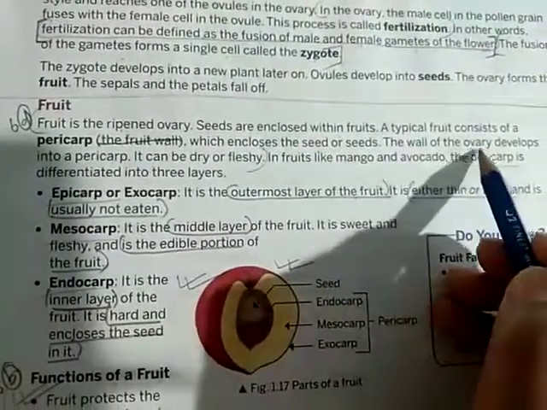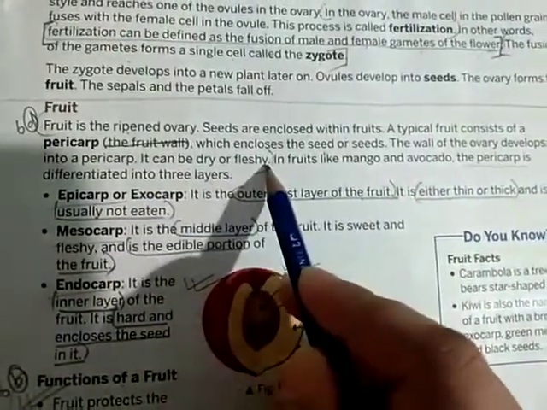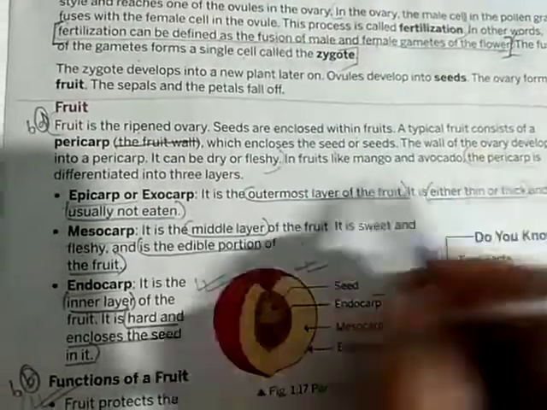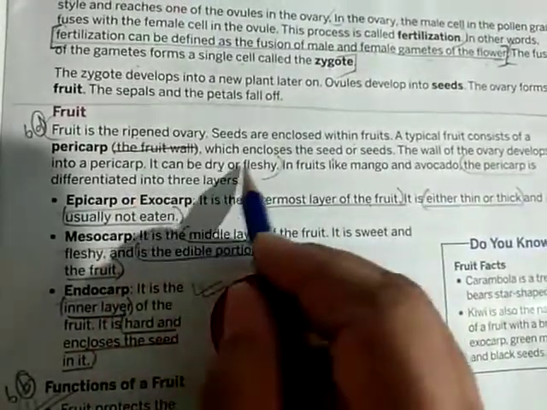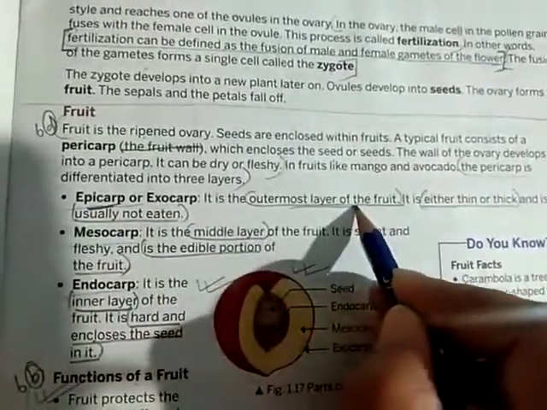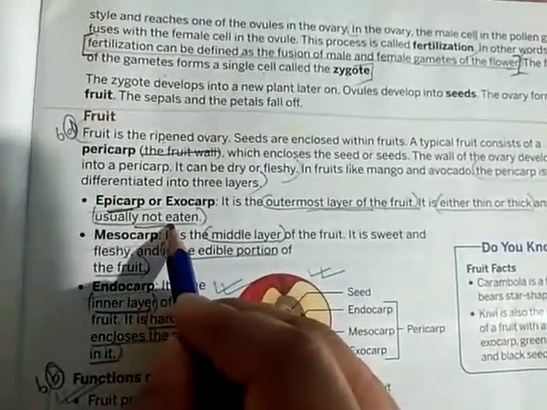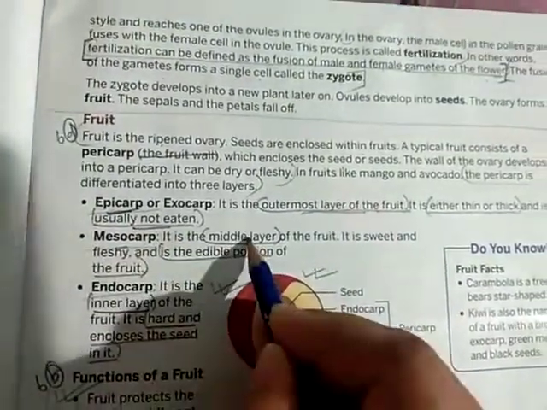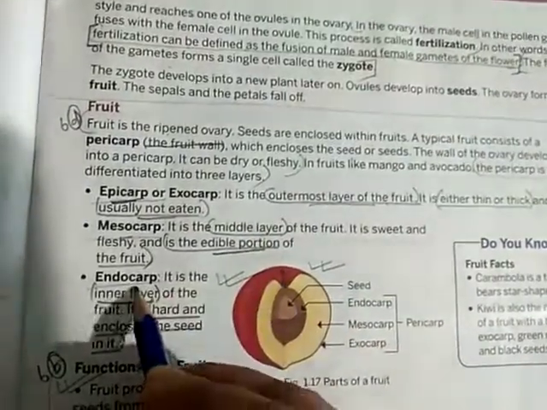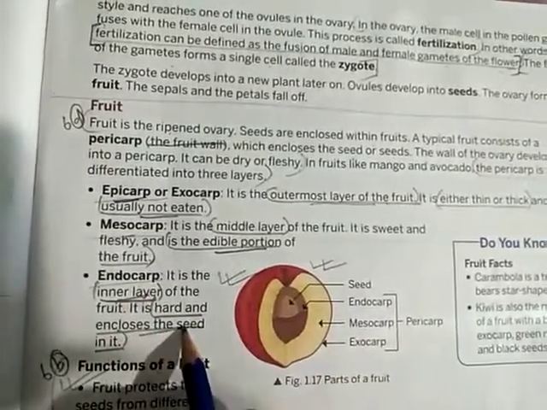The wall of the ovary develops into a pericarp. It can be dry or fleshy. Then, the pericarp is differentiated into 3 layers: epicarp, outermost layer, usually not eaten; mesocarp, middle layer, edible portion; endocarp, inner layer, encloses the seed.